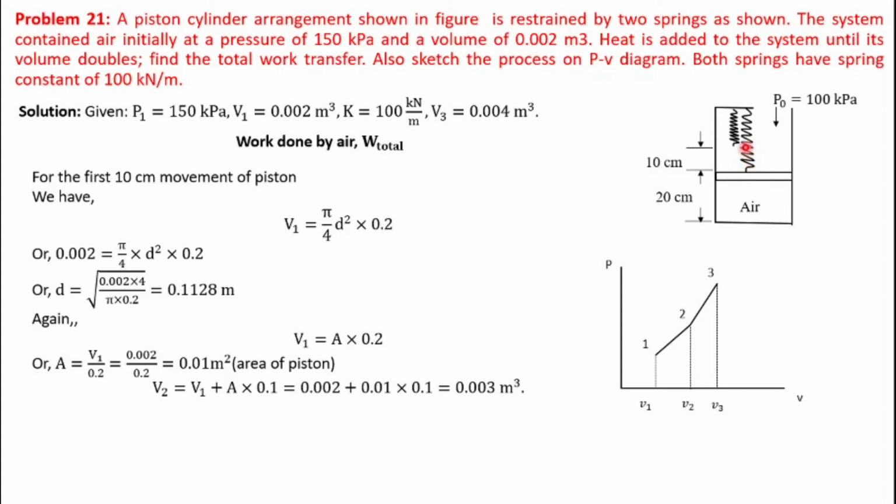During this movement, as pressure increases, volume also increases, so the line will be straight and inclined. So from this state to this state, the process will be 1 to 2 like this. Now finally the volume doubles, so there is 10 centimeter more movement, and during that both springs act, so the pressure due to both springs will be considered for final state 3.